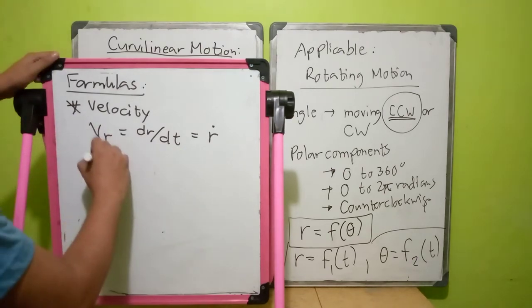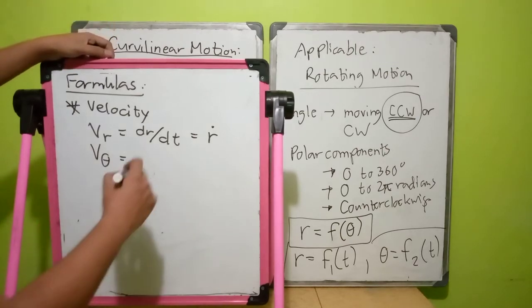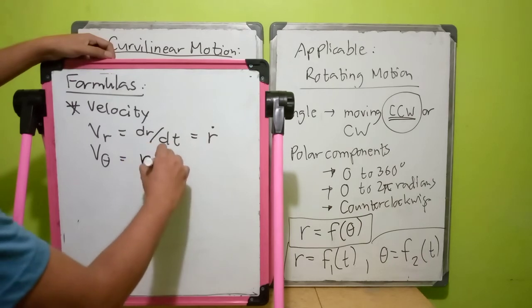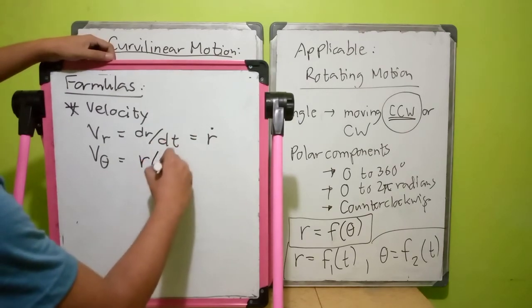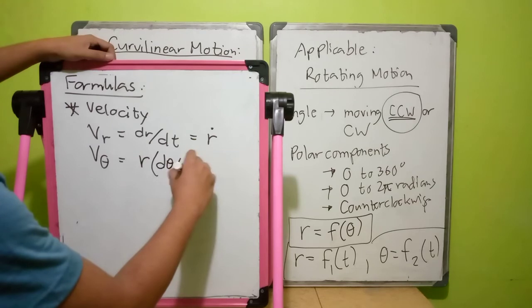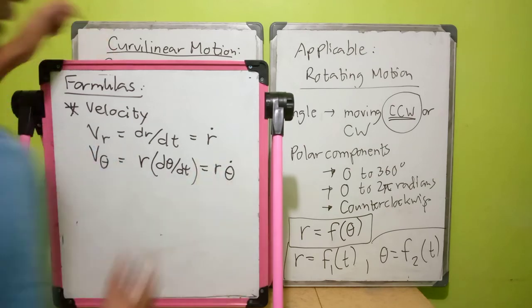And then we have v theta. Your v theta, or your angular velocity, can be represented as r multiplied by d theta over dt, or as r multiplied by theta with a single dot at the top.